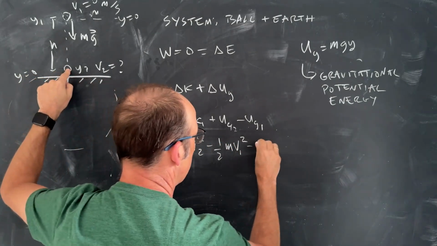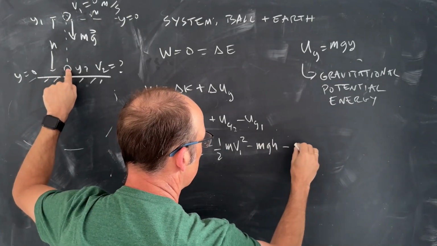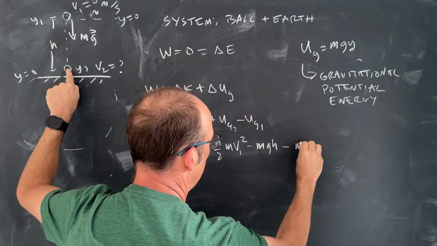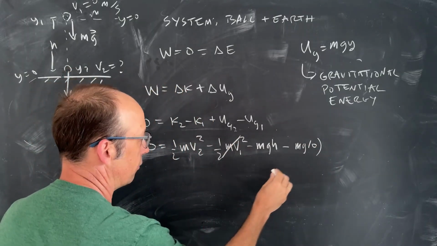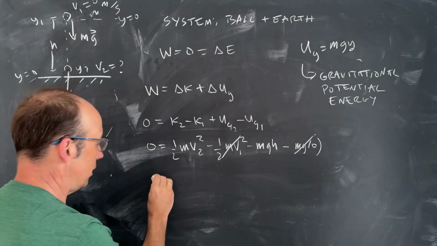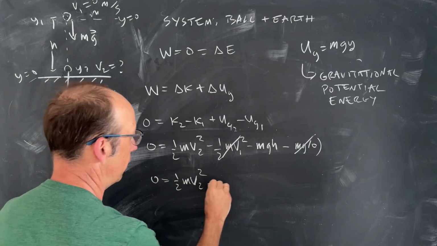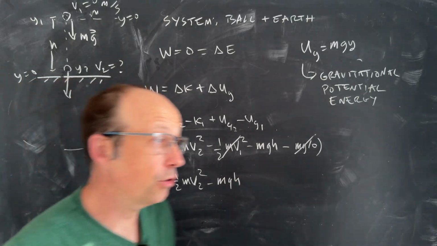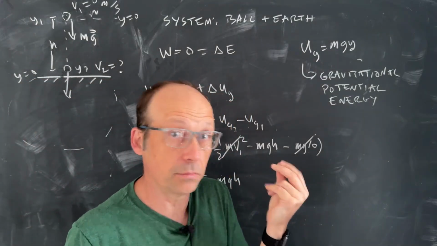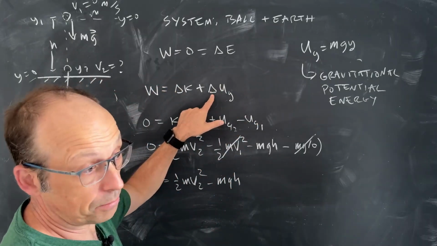So it's going to be minus mgh minus mg0. So that's still 0. I get 0 equals 1/2 mv2 squared minus mgh. And it's the same problem. So you see that picking a different coordinate system doesn't change the answer because we're dealing with changes in potential energy.